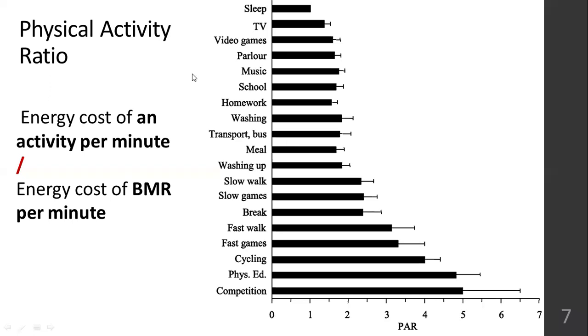But it is not sedentary. It is nowhere sedentary. It comes under moderate to high. It is more than moderate, because fast walking is there, physical education is also there. So it is a little bit more than moderate. Break is rest. Taking a break means rest.